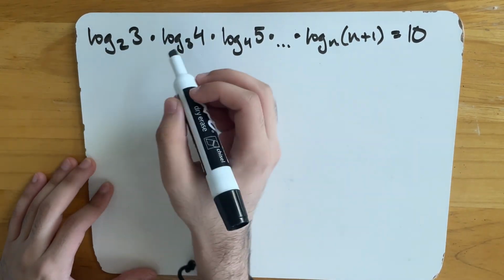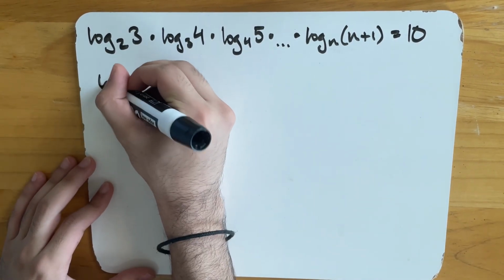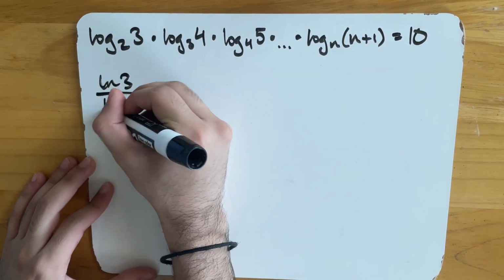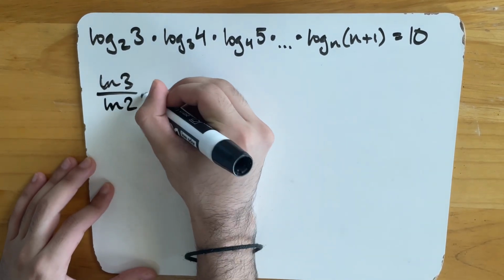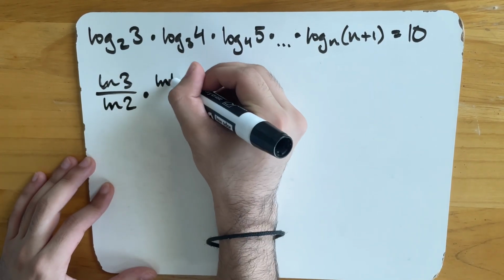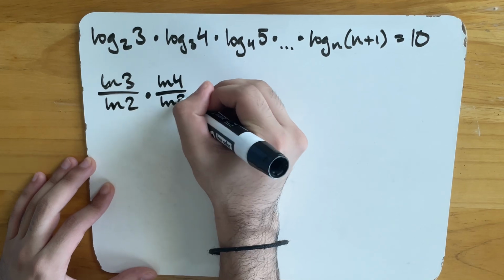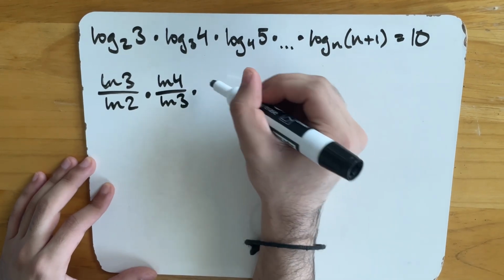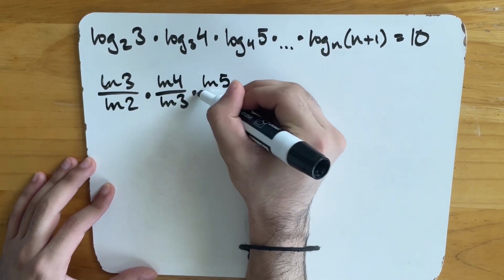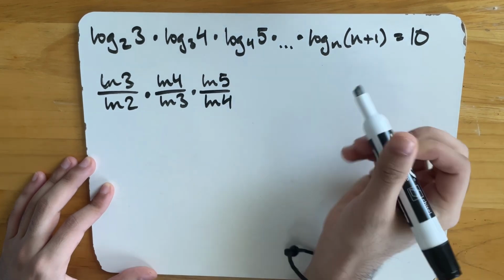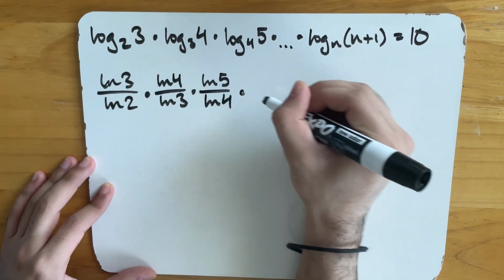So the first term will become natural log of 3 over natural log of 2, times the second term, which becomes ln 4 over ln 3, then the third term ln 5 over ln 4, and then so on.